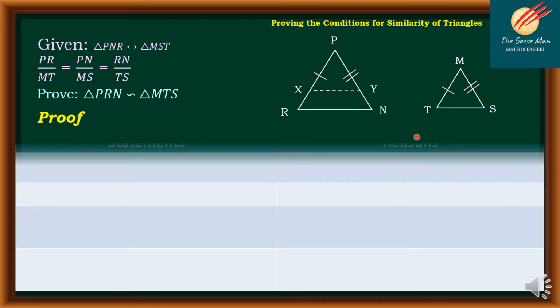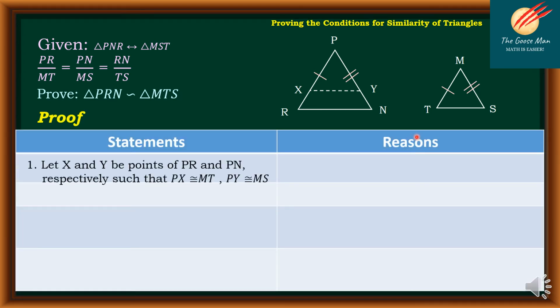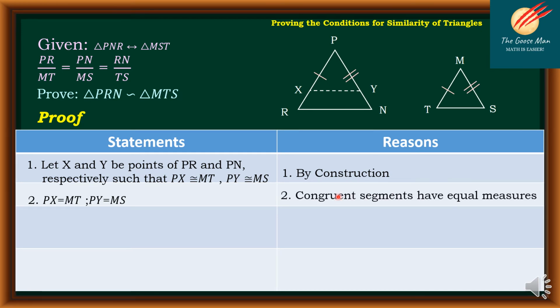For our proof, we will have statement number 1: X and Y are points on PR and PN respectively such that PX is equal to MT and PY is congruent to MS. So we have by construction. And number 2, PX is equal to MT and PY is equal to MS because congruent segments have equal measures.